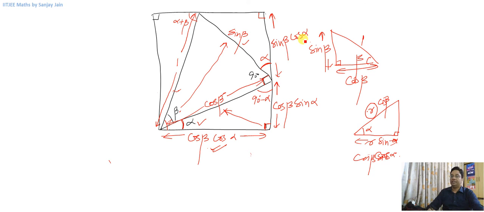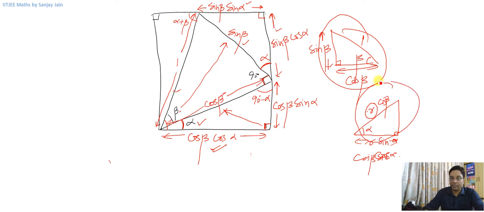And what will be this segment up to this point? This will be sine beta sine alpha. I'm writing these sides using the concept that I've already discussed in great detail. So this will be sine beta sine alpha, and this will be sine beta cos alpha.